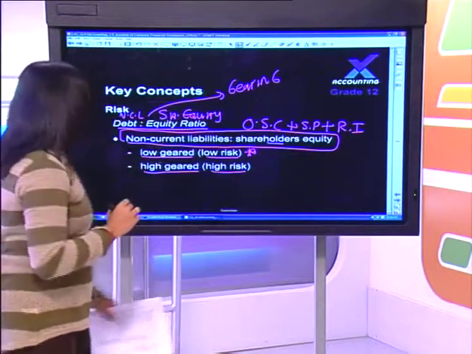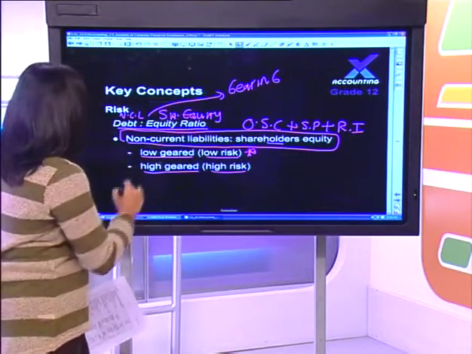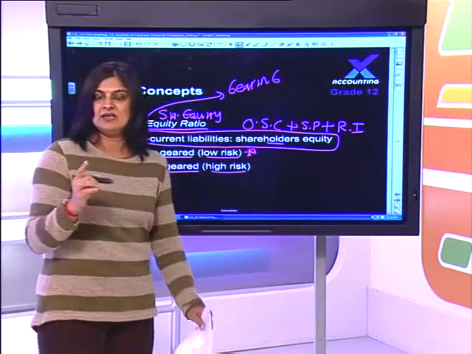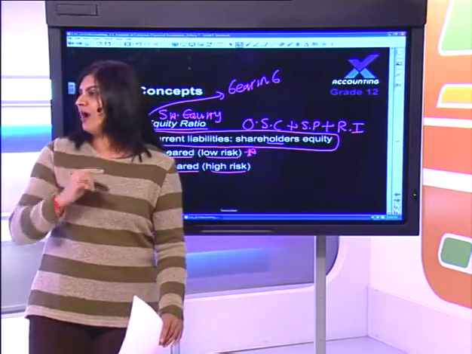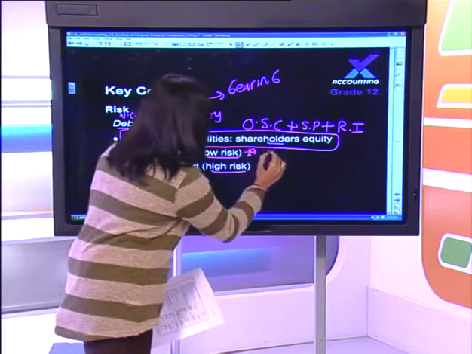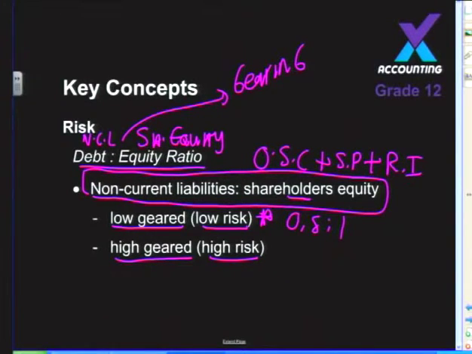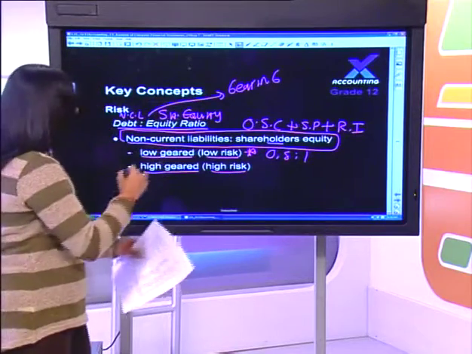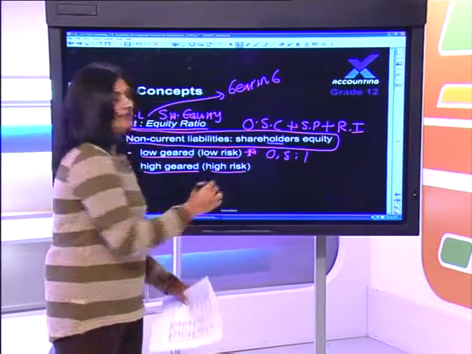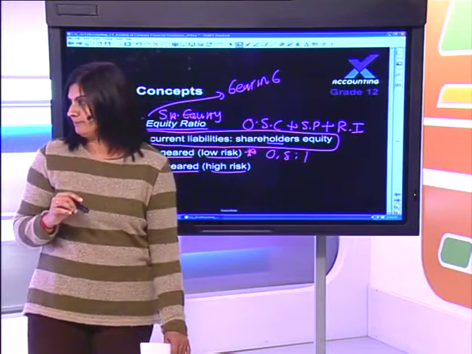Where do we draw those exceptions? Okay, it's a bit tricky. Most of your textbooks would say low geared is anything that is less than 1:1. So for example, 0.5:1 would be considered to be low geared, because for every 1 rand of own capital, you have 50 cents of borrowed capital. High geared, on the other hand, would be anything more than 1:1.